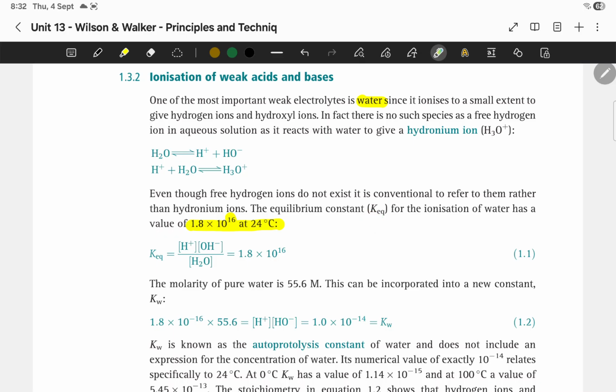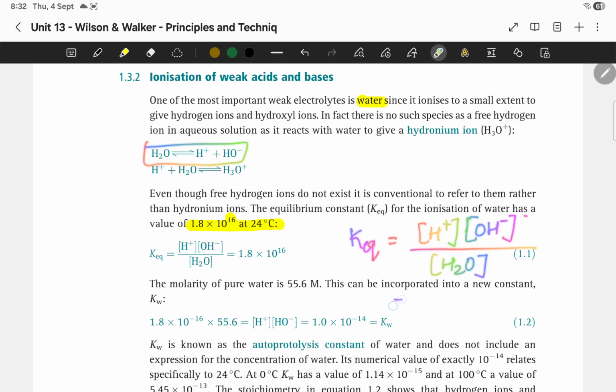So how do we find the ionization? First of all, we will take this equation. K equilibrium of this equation is the concentration of products divided by concentration of reactant, and it has come to be around 1.8 into 10 raised to power minus 16.